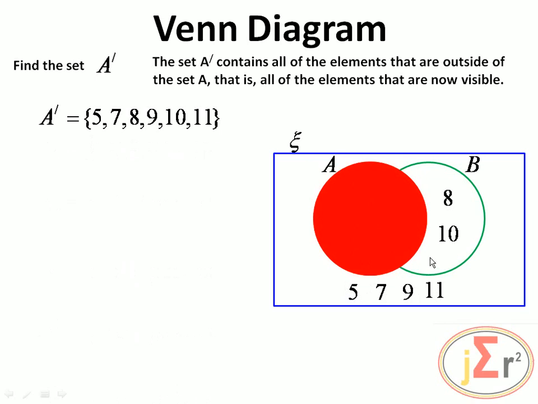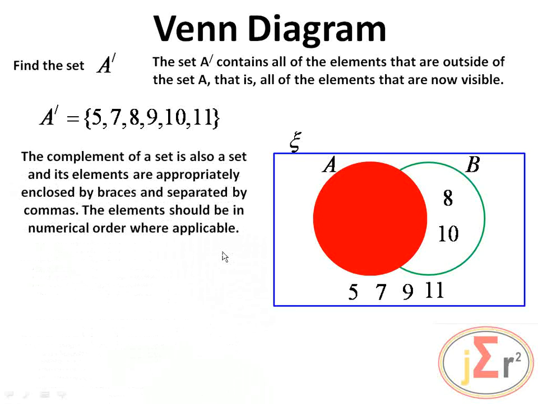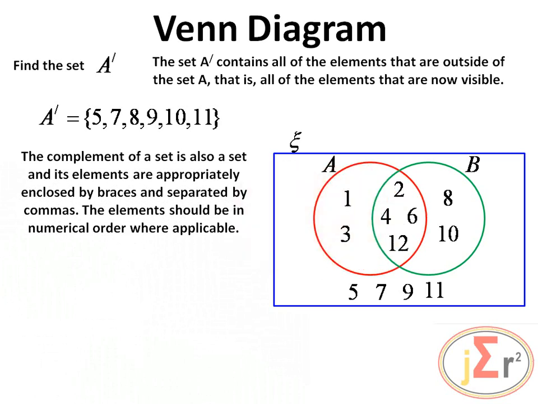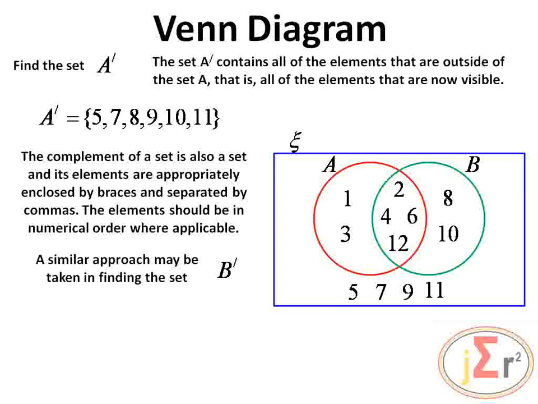However, it is going to be more appropriate to write the elements in numerical order. So the complement of a set is also a set, and its elements are appropriately enclosed by braces and separated by commas. The elements should be in numerical order where applicable. So, a similar approach may be taken in finding the set B complement.